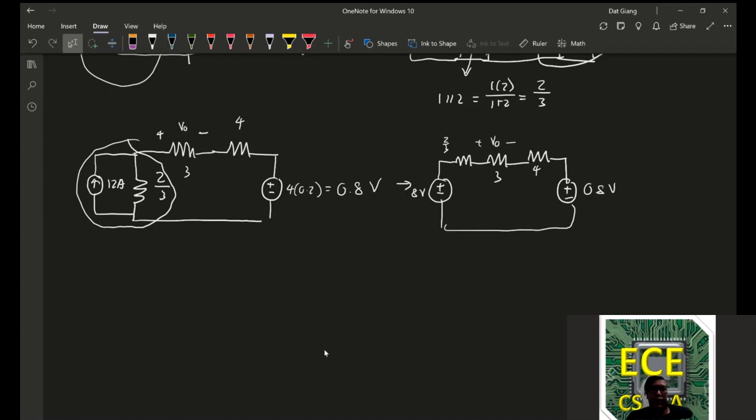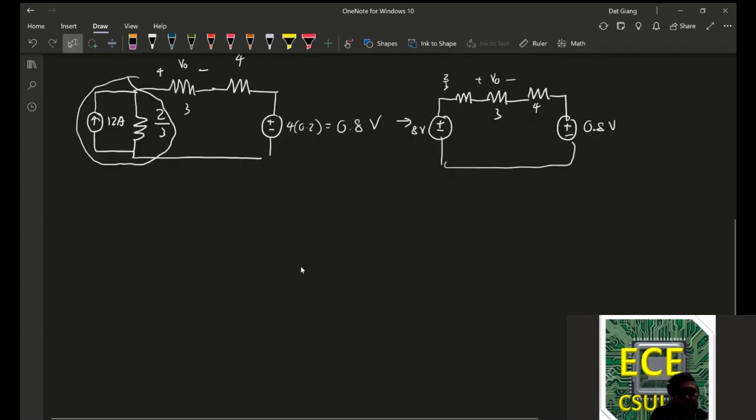Okay, from here, we just use voltage divider. Notice 3 resistors in series and 2 voltage sources opposing each other. Seems like it's fair game that we should know how to evaluate this.